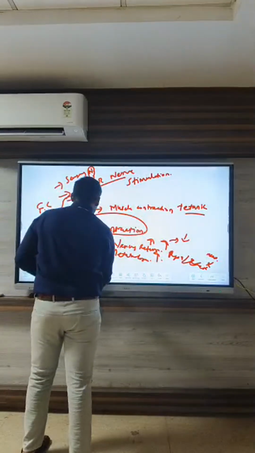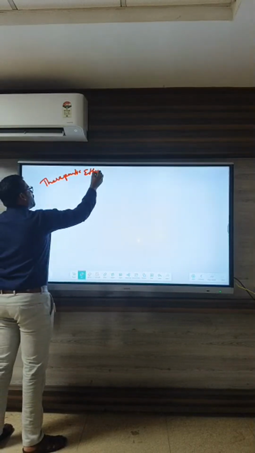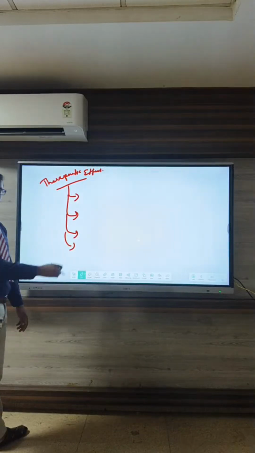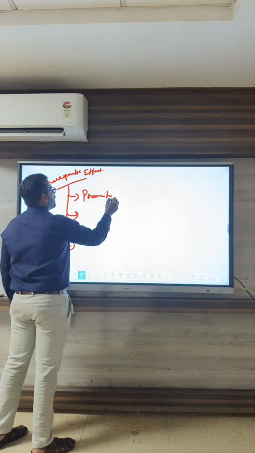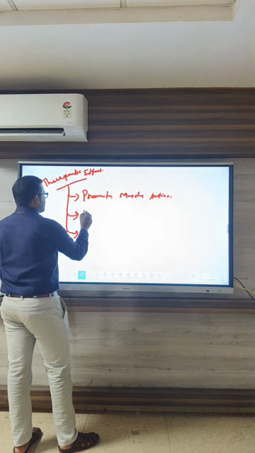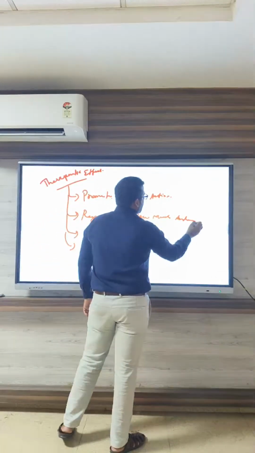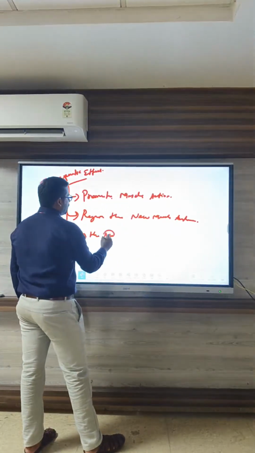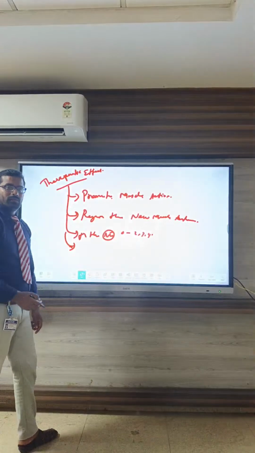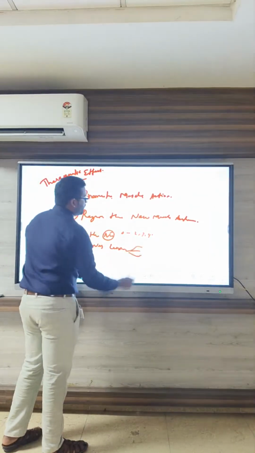So coming to the therapeutic effect: re-education of muscle action, to promote muscle action and to regain new muscle action, increasing the muscle power from 0 to either 2, 3 or 4, and nerve lesions. What are the types of nerve lesions?